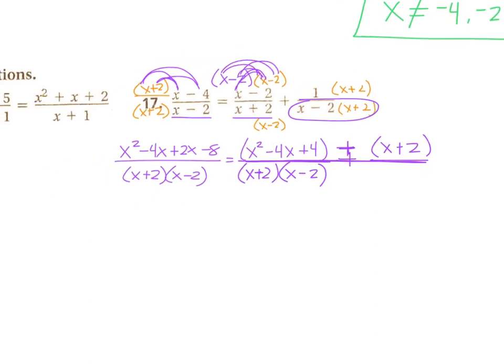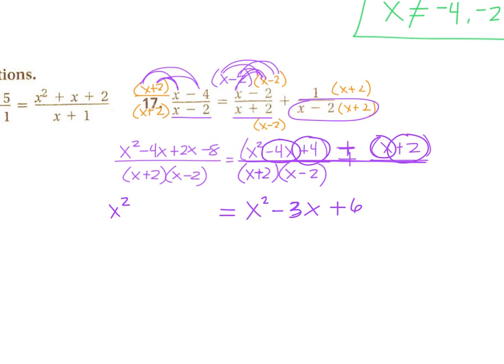Okay, so let's do some simplifying again. We have negative 4x plus x. So this is going to be on top x squared minus 3x. And then we have 4 plus 2, so plus 6 on the left, equals what we have on the right here, x squared.